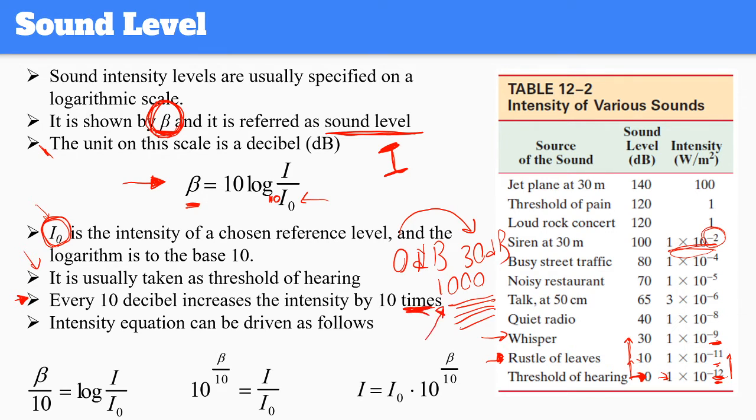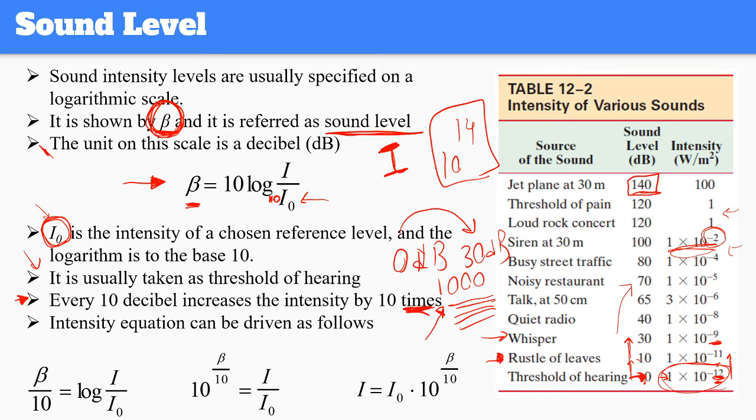If you go from 0 to 140 decibels, then you are changing the intensity by 10 to the power of 14. This is a huge amount of energy. That's why instead of using this scale, they decided to use the decibel scale, but the decibel scale is measured a little bit differently.